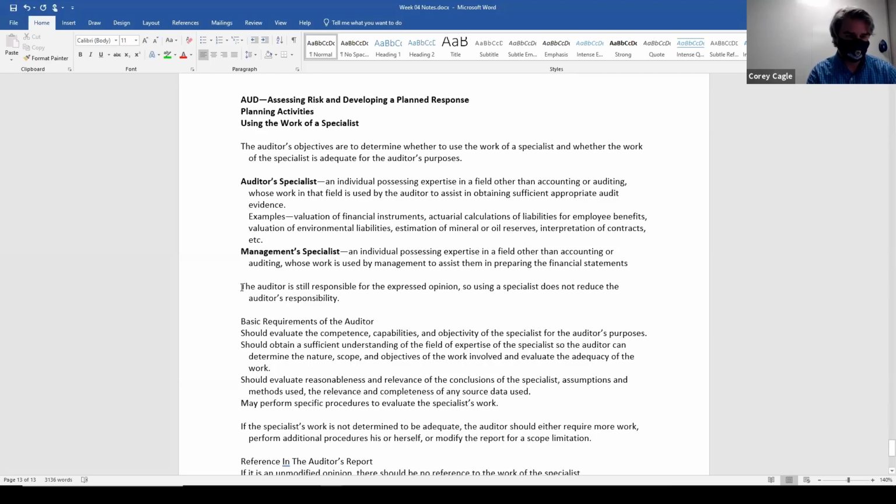Probably the most important statement on this whole section is this: the auditor does not divide responsibility, ever, right? Never, never, never, never. So the auditor has the responsibility. There's no sharing of responsibility. Using a specialist doesn't reduce their responsibility. It just doesn't happen. So what do we need to do?